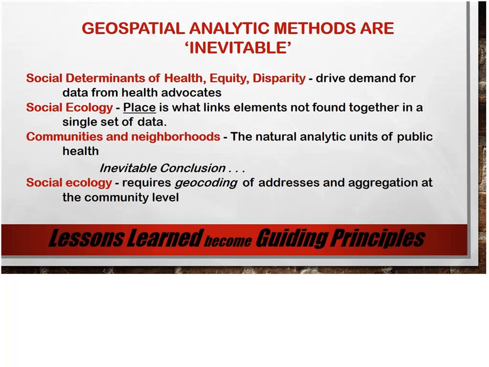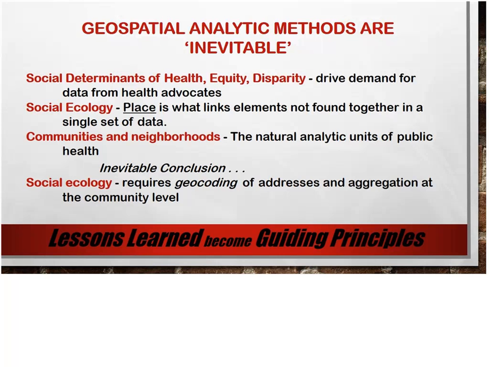If you want to look at the social determinants, health equity and disparity, you're going to need to use social ecology. You're going to need to focus on place and communities and neighborhoods, which are, after all, the natural analytic units of public health. And place is what links elements that are not found together in a single set of data.